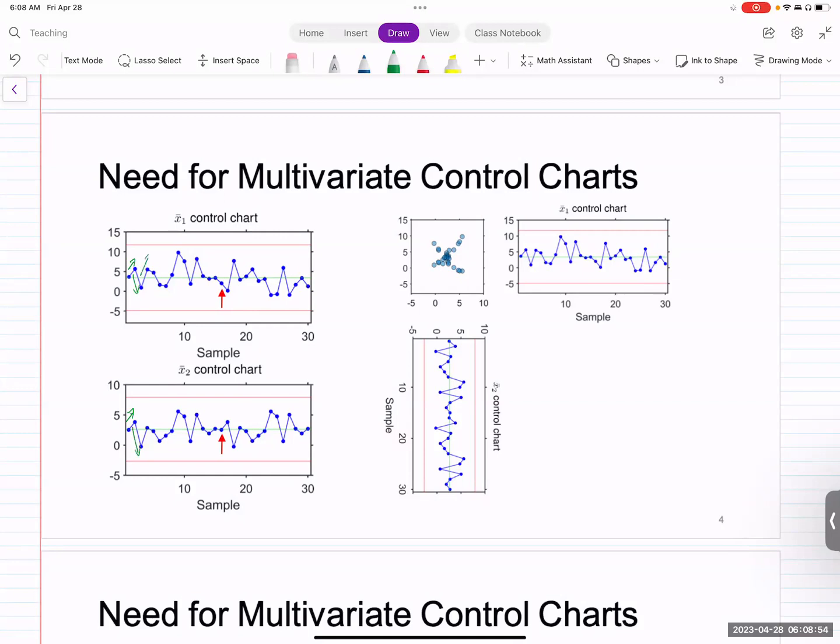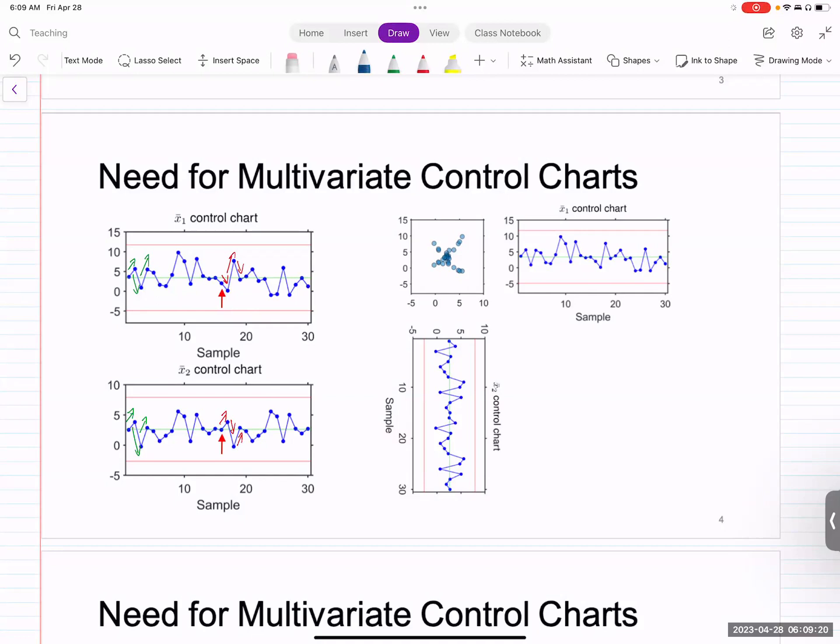Similarly, when the first one is going up, the second one also goes up. But right around the middle, where I have this red arrow, you see that when the first control chart is going down, the second control chart is going up. When the first control chart is going up, the second one is going down, and so on and so forth.